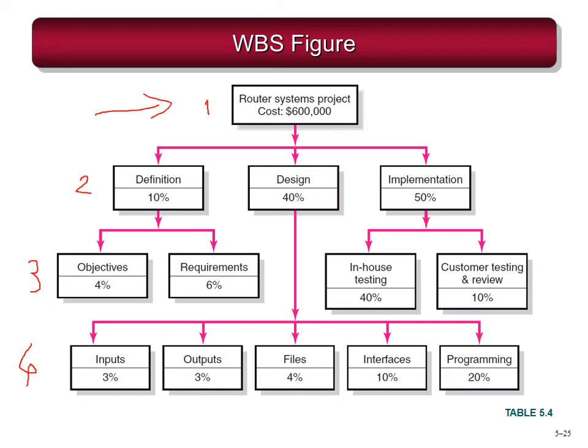Level 1 would be for the top management, and level 4 is for the bottom management. Levels 2 and 3 would be for the middle management. As we go down the WBS from level 1 to level 4, the level of detail increases. The top management doesn't require that detailed information. They're happy with what they get from level 1.